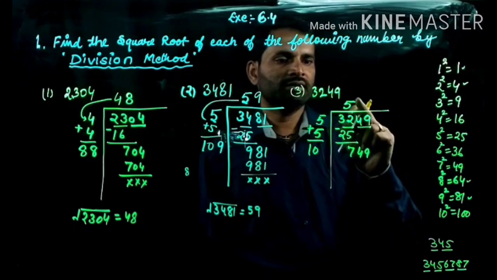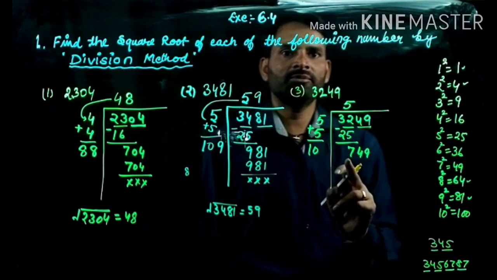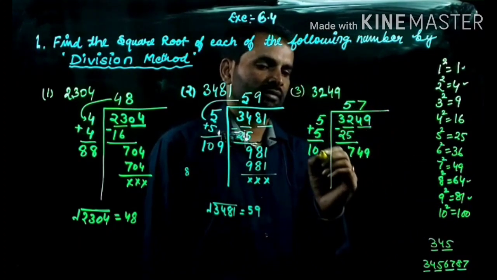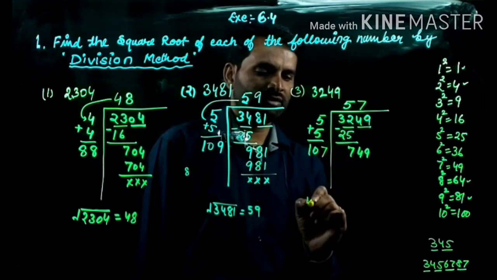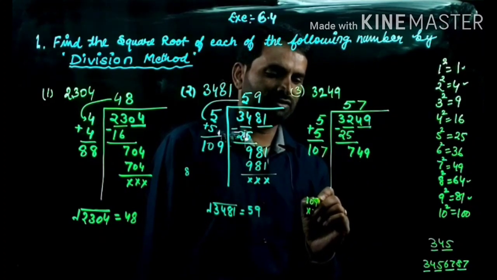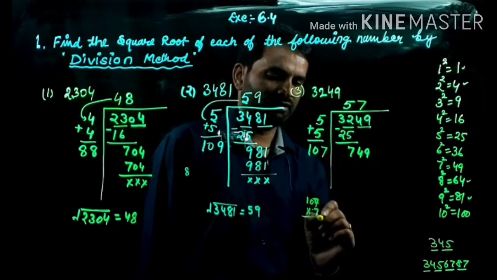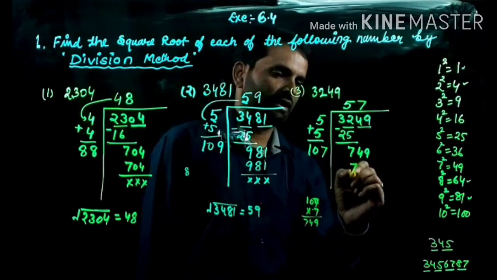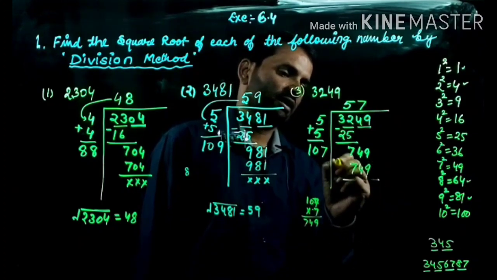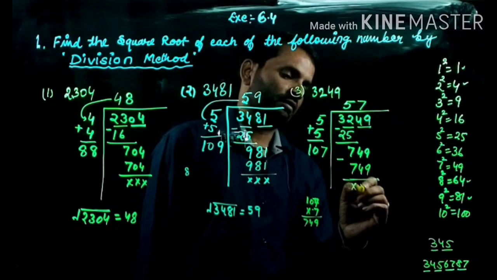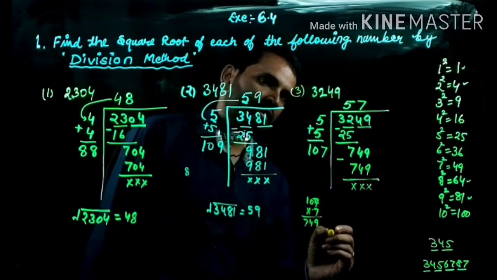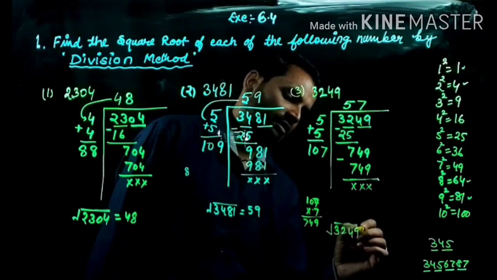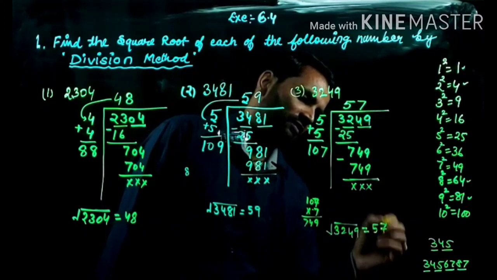Suppose you choose 7, since 7 is greater. 7 into 107 is 749, and subtract, it is finished. So the root of 3249 is equal to 57.